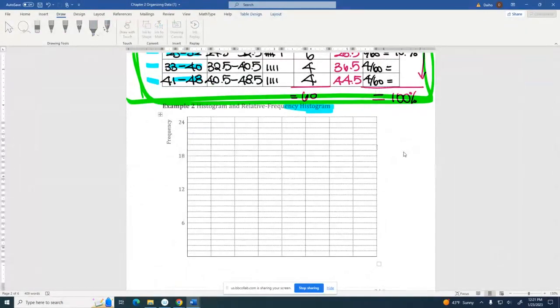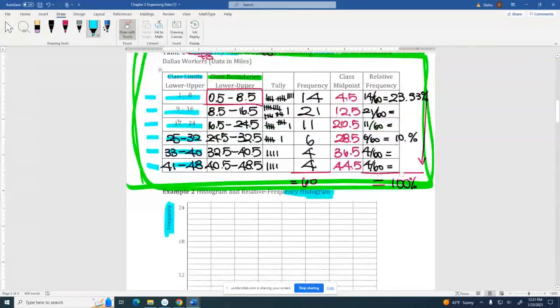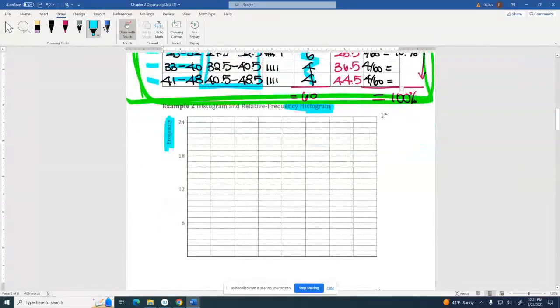See, on the vertical axis, I will put the frequencies. Where was the frequency? Frequency is here. It depends on the boundaries. Actually, the histogram comes from the X and Y picture.